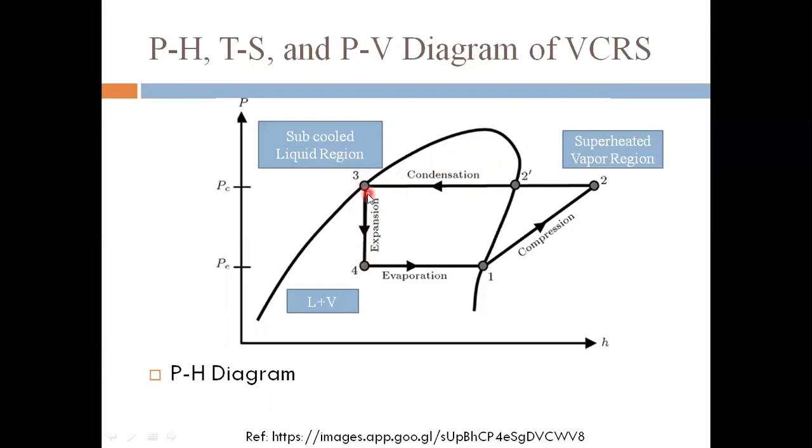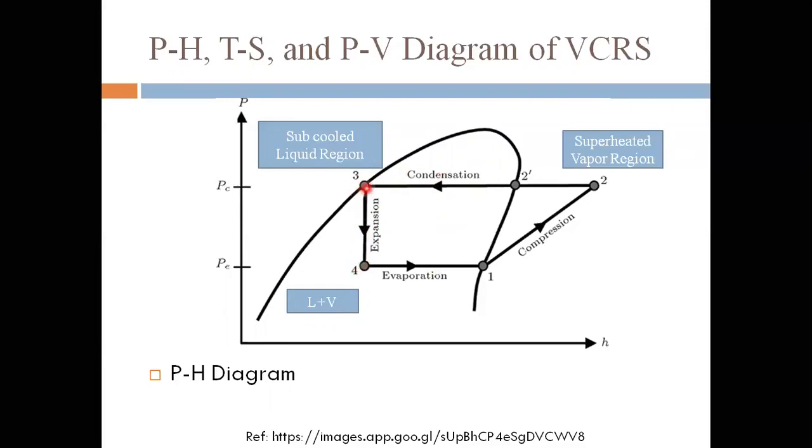In the VCRS, there are different expansion devices we can use, like the capillary tube or refrigerant control valve, depending on the application. This is the expansion process, where the high pressure liquid refrigerant is converted into low pressure and low temperature refrigerant.